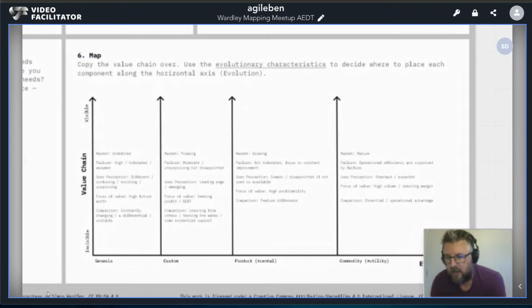In terms of how you would use a Wardley map, I would say that primarily it's focused on strategy.